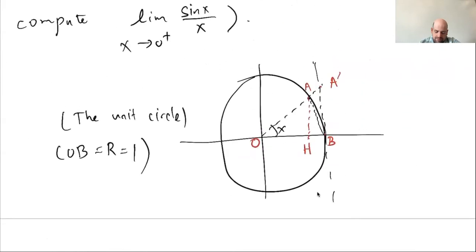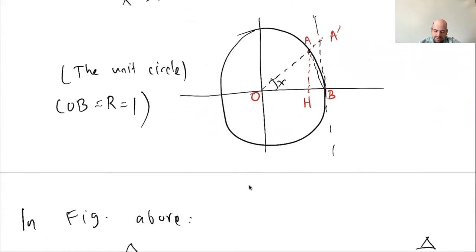A prime B, how much is A prime B? So this axis here, which is parallel to the y-axis, as you know, is called the tan axis. You were also reminded of this in the first lecture. So this is called the tan axis, and this distance here will be tan x. So when you have the tan axis, you extend the radius until you hit the tan axis.